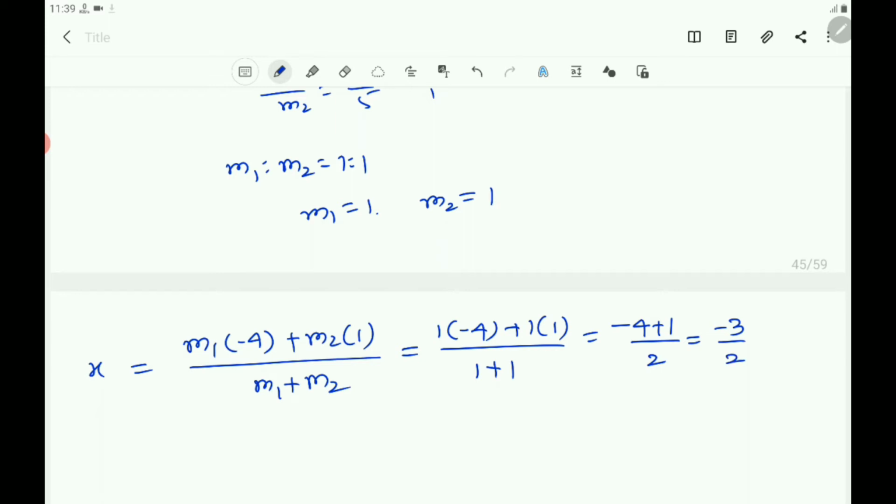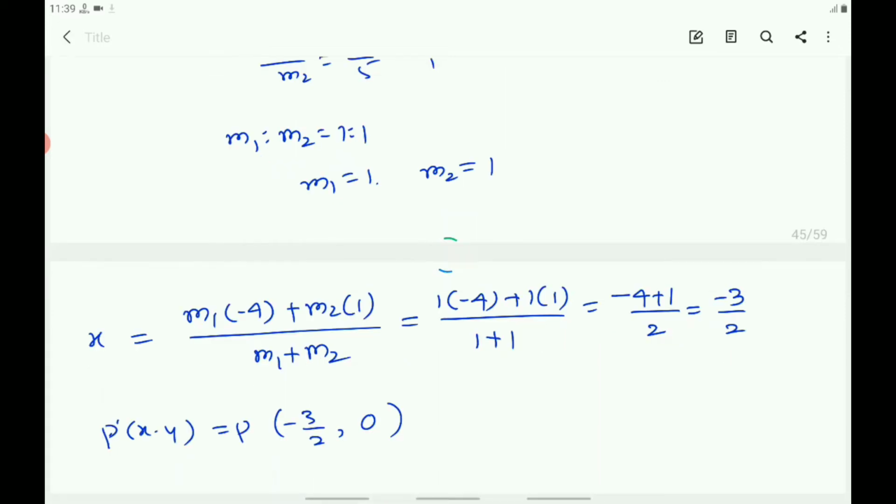So the x coordinate is -3 by 2. Therefore P(x, y) equals P(-3/2, 0). The coordinates of the point of division are (-3/2, 0).